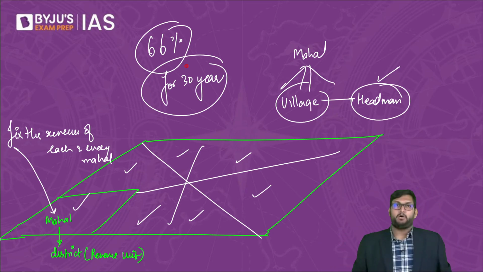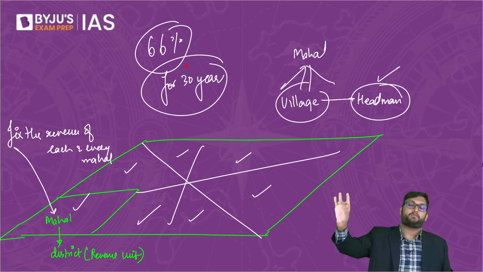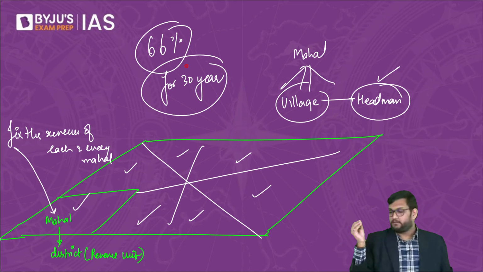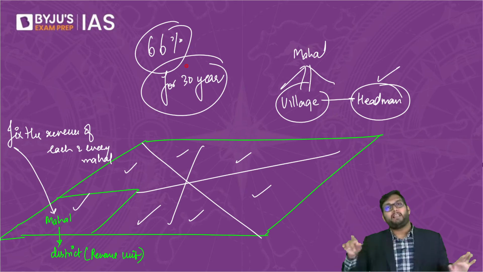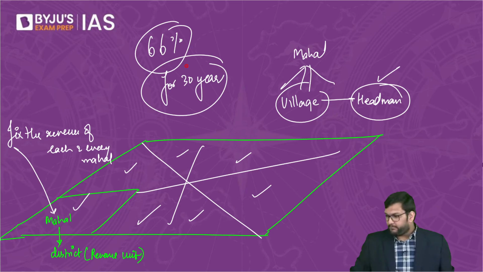So now the three systems: zamindar, peasant, mahal; 90%, 50 to 60%, 66%; forever, anytime, 30 years. And the basic point of the matter is, all have the same point. Pay up or we give it to someone else. Pay up or we auction it to someone else.